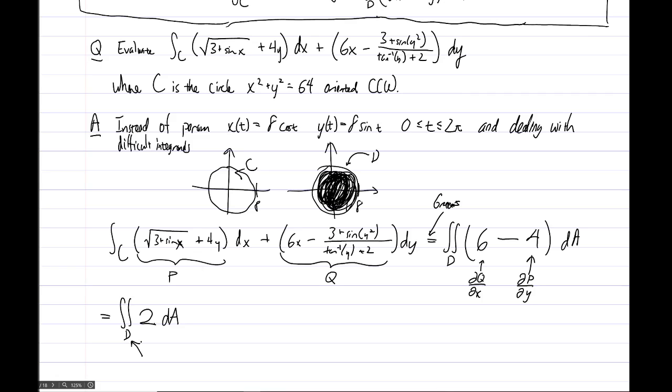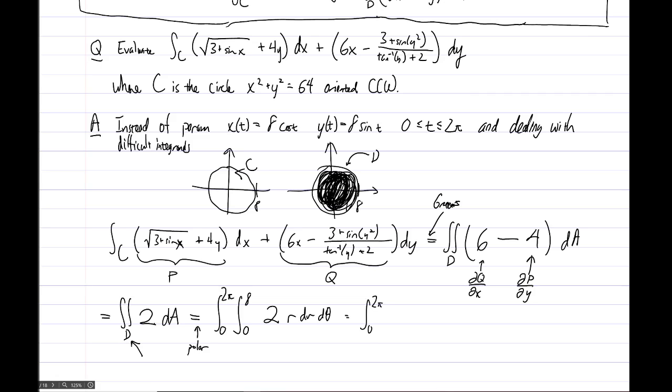But just like with other double integrals, based on the shape, we should really convert to polar. It's just going to be nicer, right? So just have the integral, still copy the 2, dA, instead of being dx dy, is r dr d theta. r goes from 0 to 8, since it's a filled-in circle of radius 8, and theta goes from 0 to 2 pi.